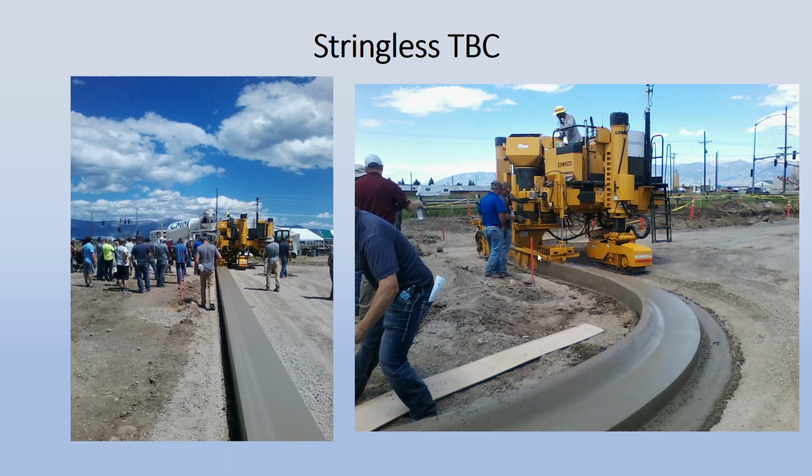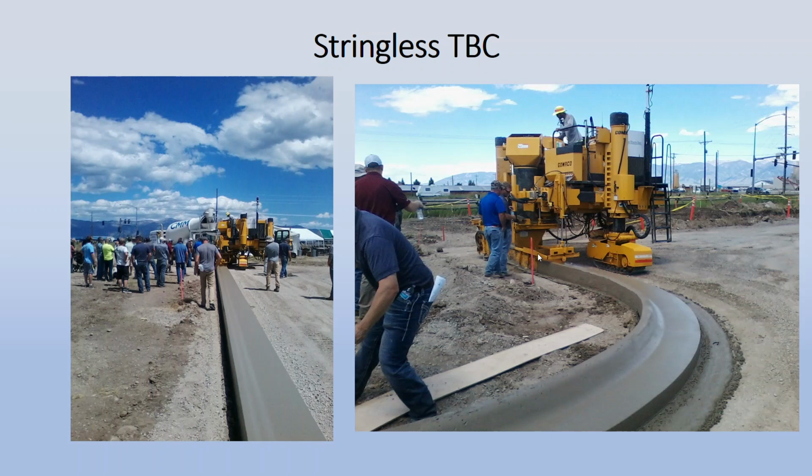I think right now a lot of engineers probably don't trust it because they haven't seen it in action quite a bit, and they want to know that it's going to deliver the same level of quality that hand forming and strings do. It certainly will. I think it actually removes a couple degrees of error.